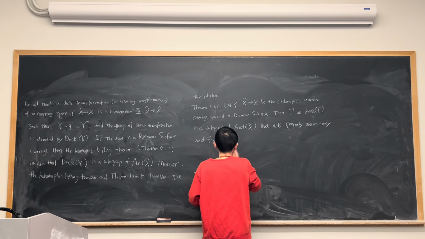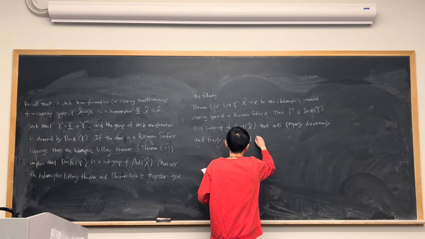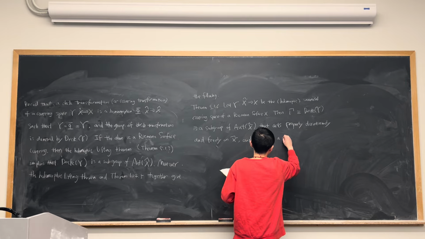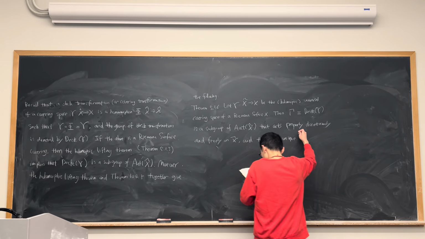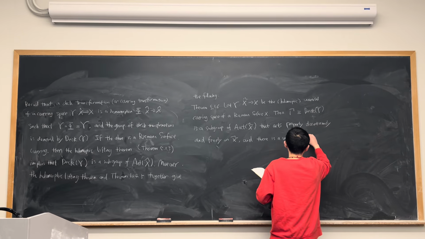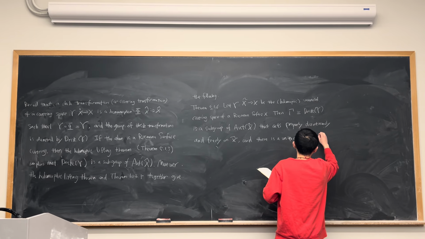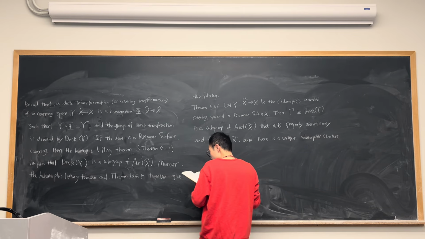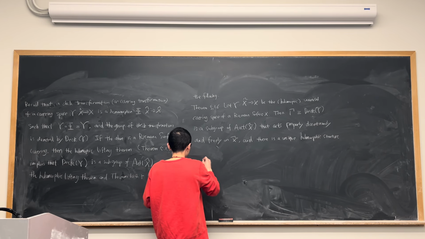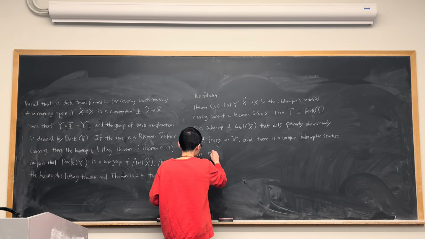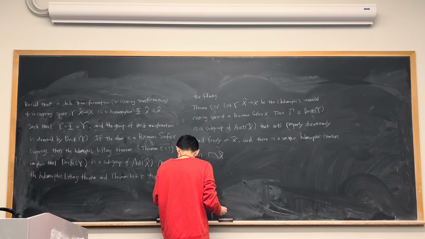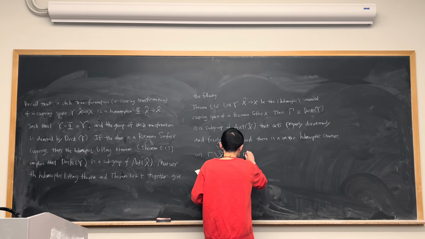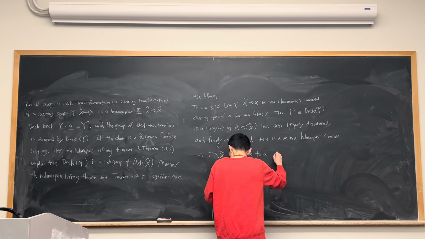And there is a unique holomorphic structure on the quotient by this relation by gamma, giving rise to a commutative diagram.